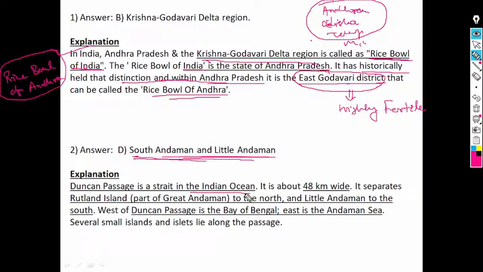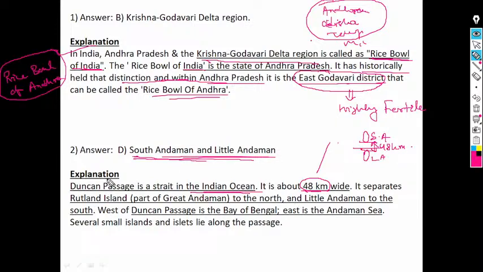Duncan Passage is a strait in the Indian Ocean. It is about 48 kilometers wide.